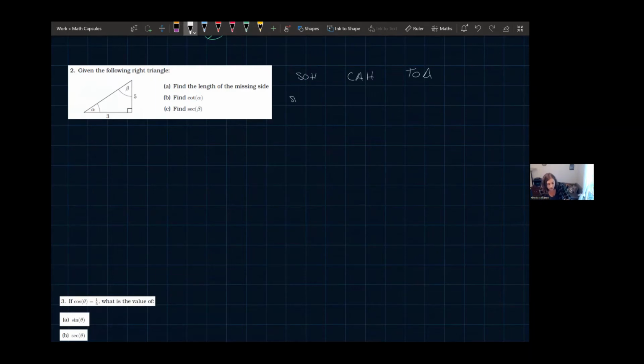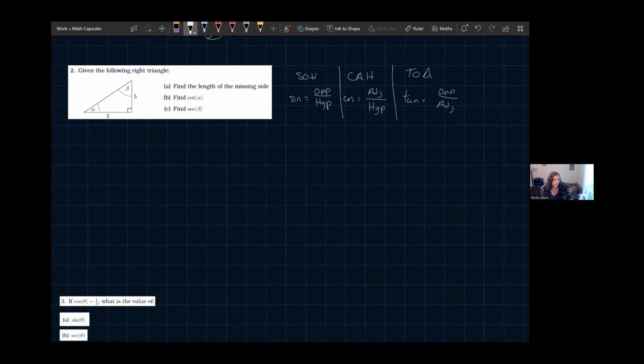So sine is the opposite side divided by the hypotenuse. That's SOH. Cosine is the length of the adjacent side divided by the hypotenuse. That's CAH. Tan is the opposite side divided by the adjacent side. That's TOA. So you'll see those in action in this problem.